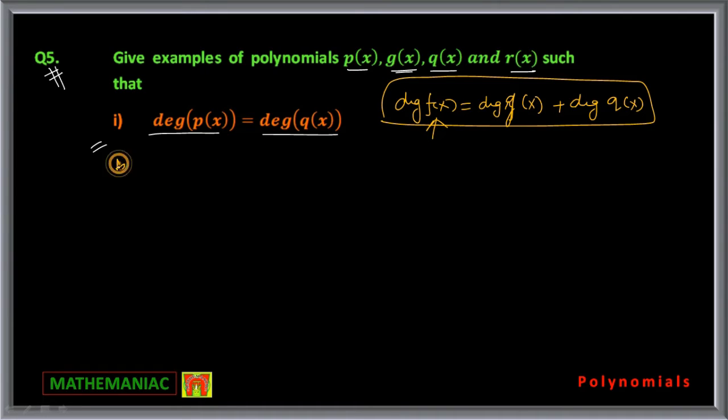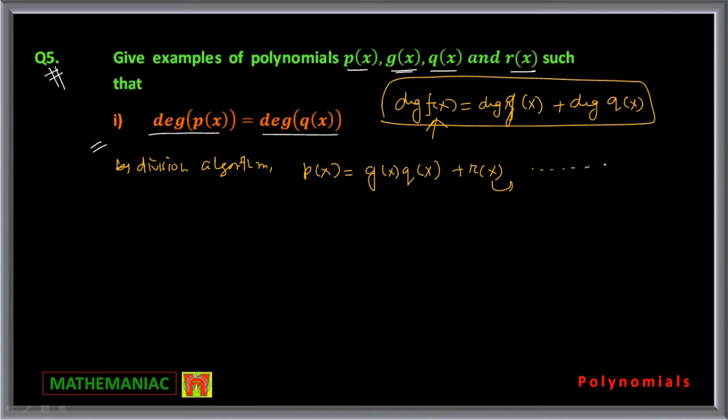So here, by the division algorithm, what you will get? p(x) will be equal to g(x) into q(x) plus r(x). Okay, the conditions of r(x) you write here, whatever conditions it will satisfy, r equal to 0 or like this.